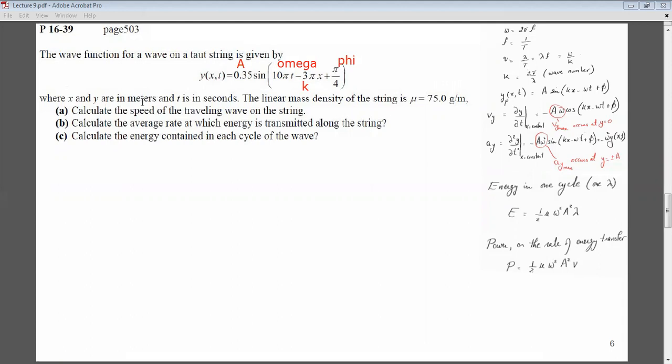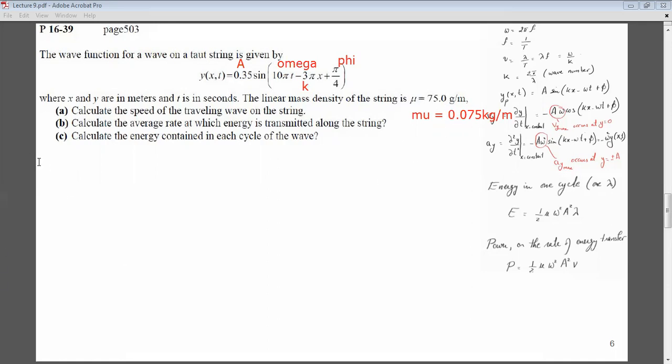Now, where x and y are in meters, t is in seconds, so everything in SI unit. The linear mass density mu is 75 grams per meter. So mu is 0.075 kilogram per meter. All the formulas we're gonna use are over here. So to change from gram to kilogram, we divide by 1,000.